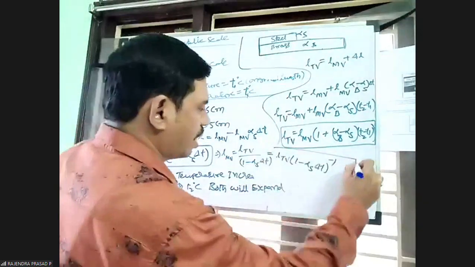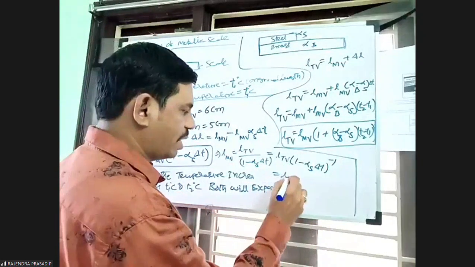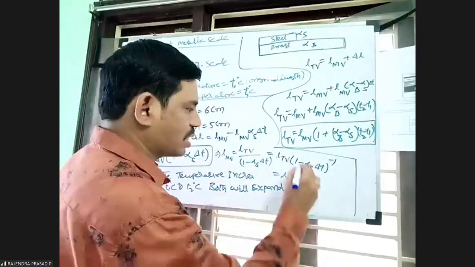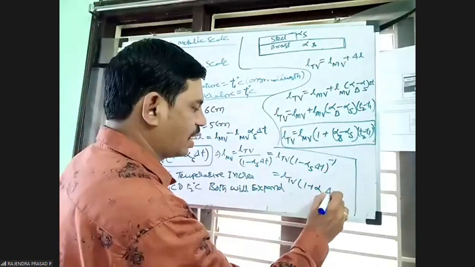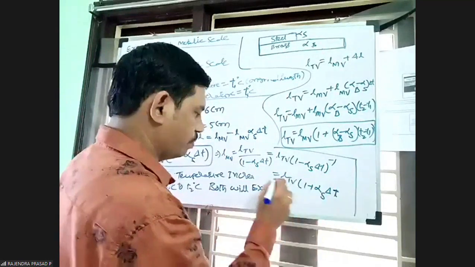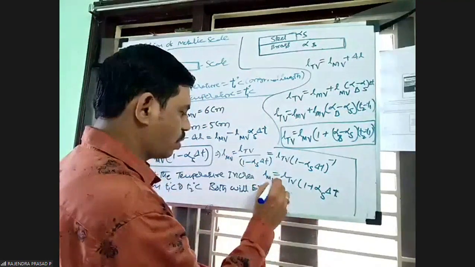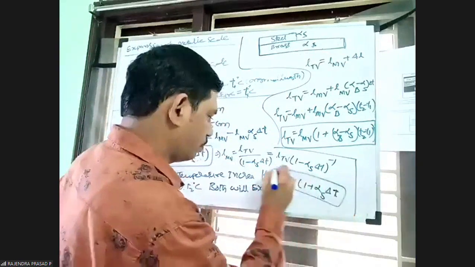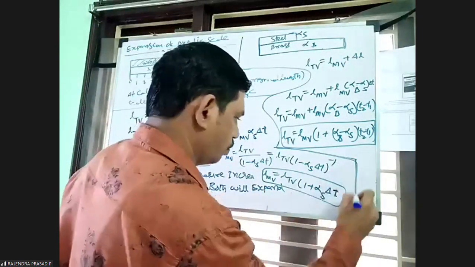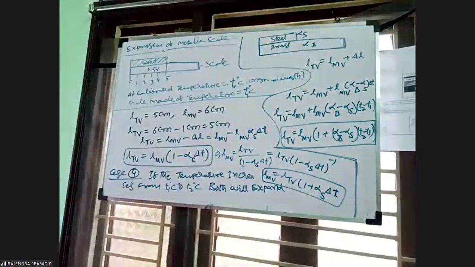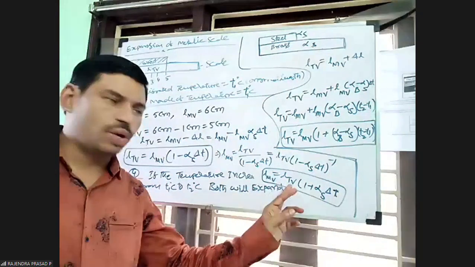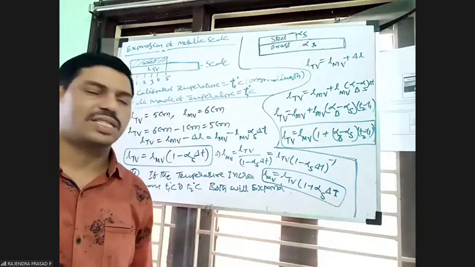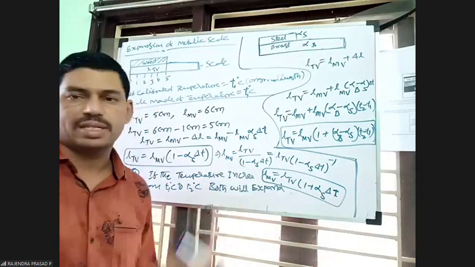According to the binomial theorem, L measured value equals L true value into 1 plus alpha S into delta T.